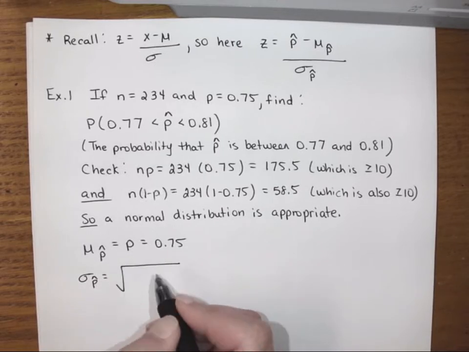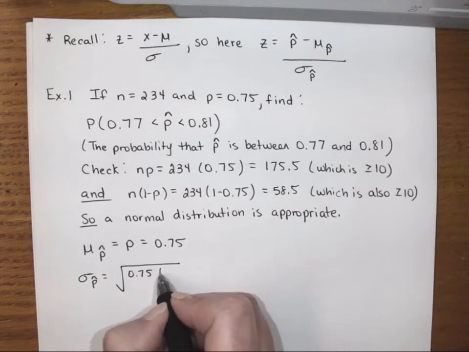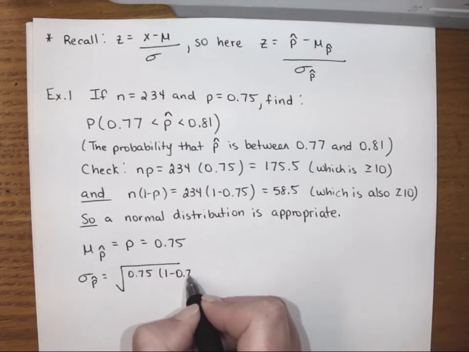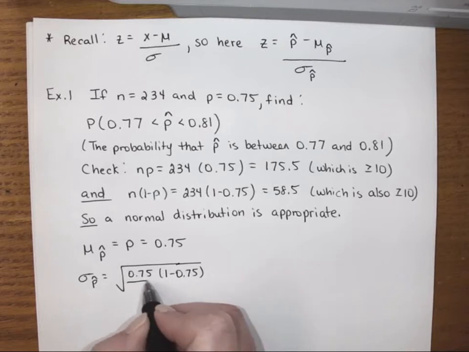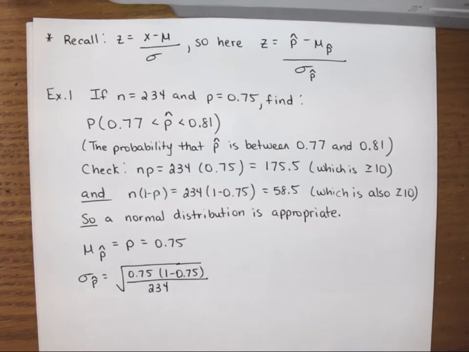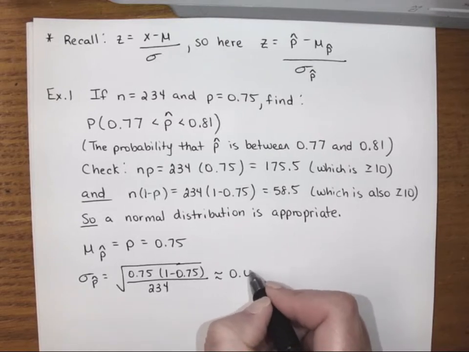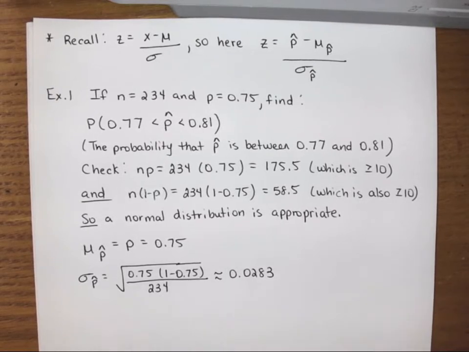So it's going to be the square root of p times 1 minus p, and then all over the total number in the sample, which in this case is 234. Go ahead and write this out to 4 places. So we'll get about 0.0283.